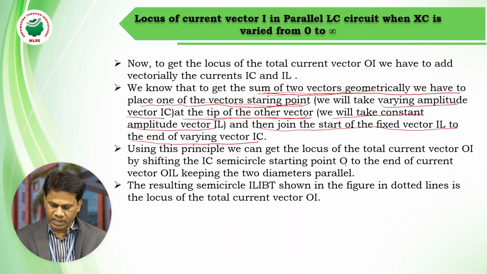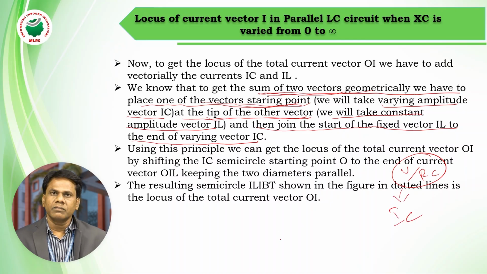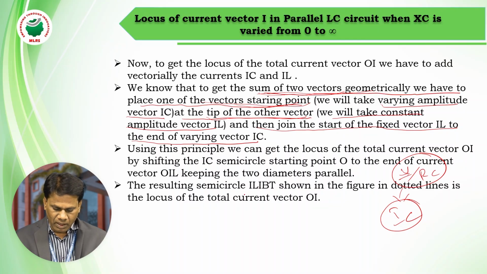Here the diameter is V by RC. With this diameter we draw the IC locus of the variable element XC. Parallel to this, we can draw the locus of the total current vector, the resulting semicircle, as shown in the figure.